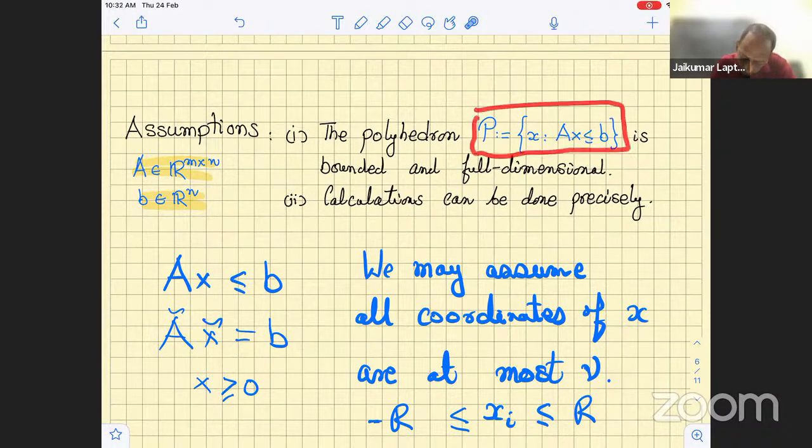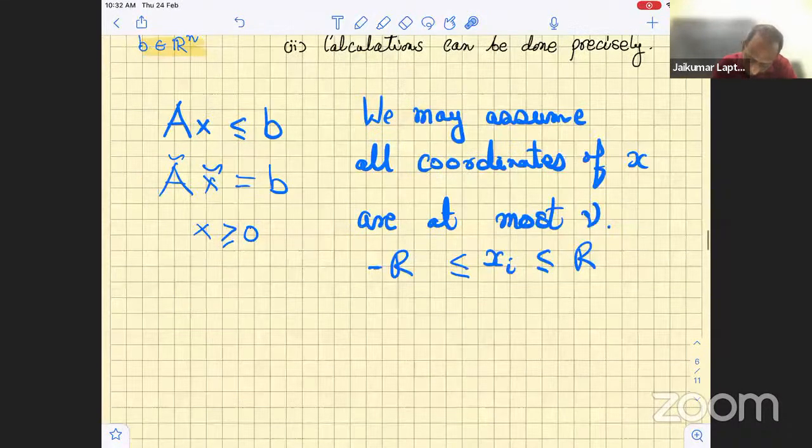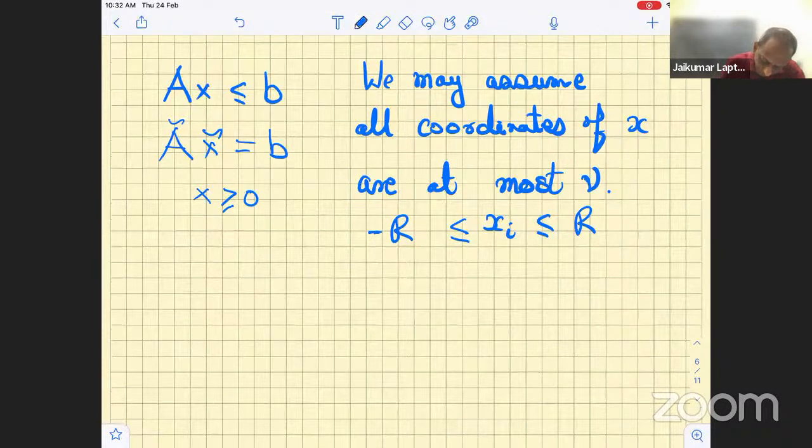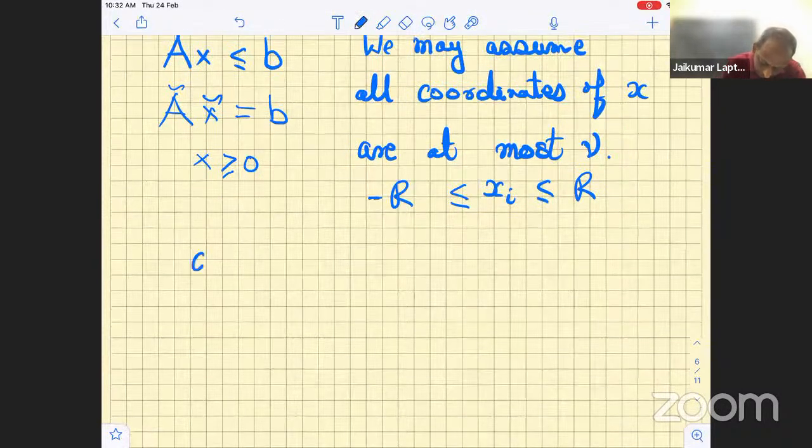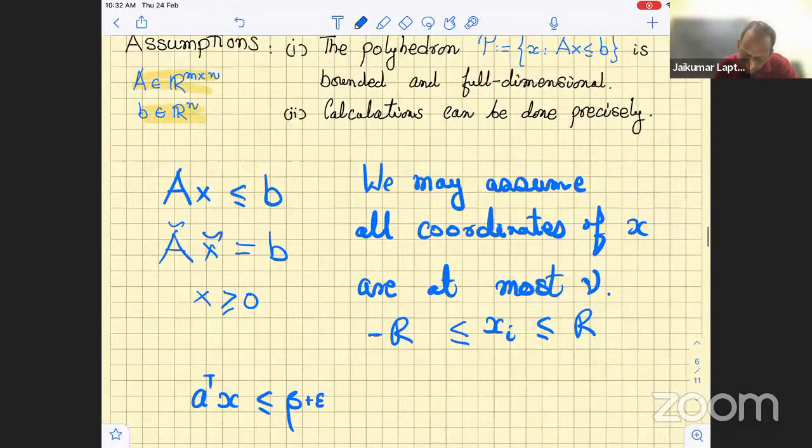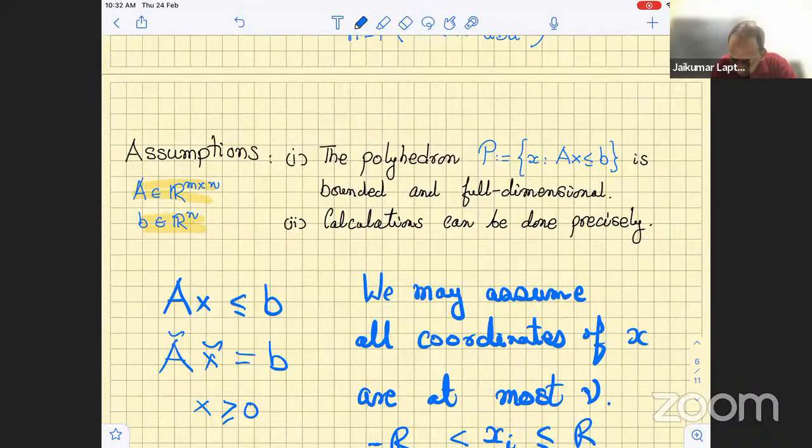So the idea is that when you have an equation like this, Ax ≤ b, we are going to add a little bit of epsilon to the right-hand sides of these inequalities.